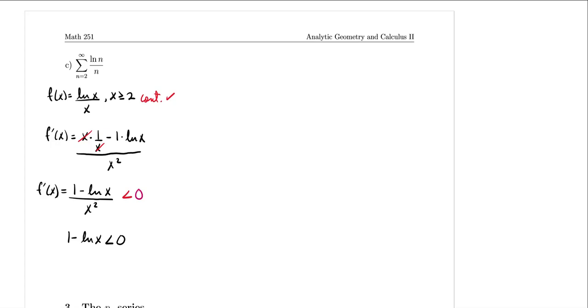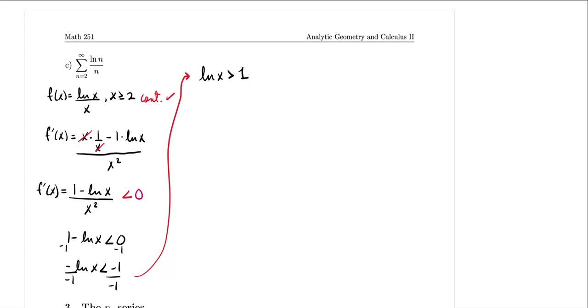Solving for the ln of x, take away 1 from both sides: negative ln of x is less than negative 1. Dividing by a negative, we have to be especially careful to flip the inequality symbol. We get ln of x is greater than 1.